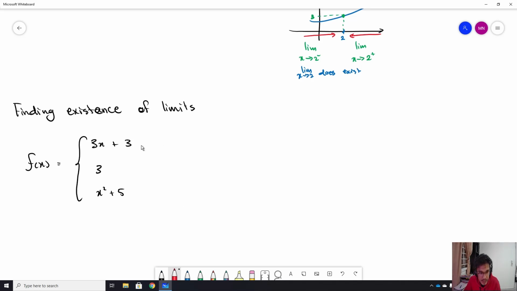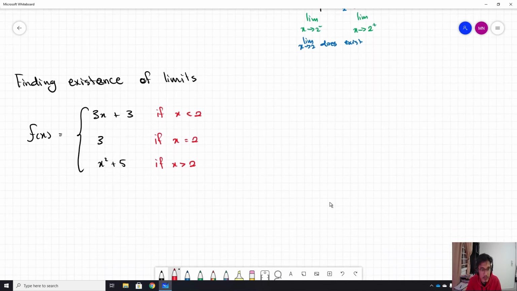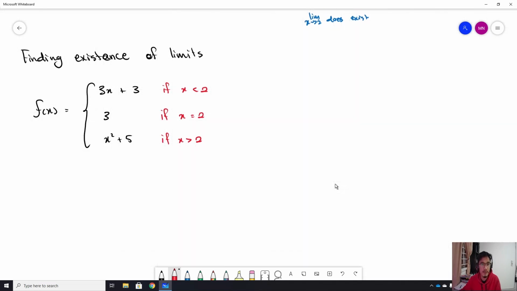So the condition is 3x plus 3 if x is less than 2, if x is equal to 2, and this one if x is bigger than 2. So itu condition dia. So to determine whether the limit exists or not is that we need to try the limit on both sides for x equal to 2. Means we need to do x approaching 2 from the right.